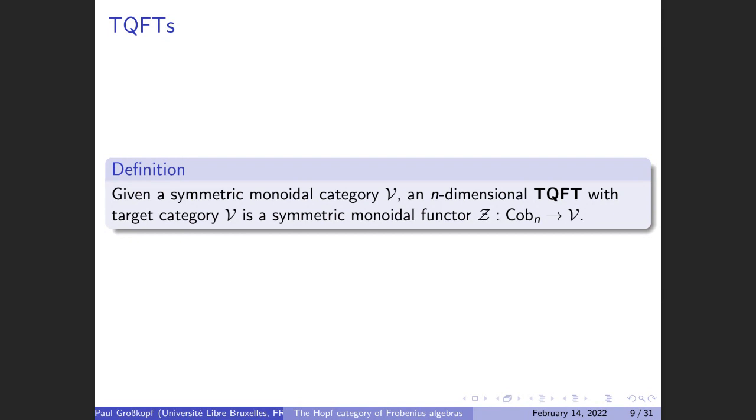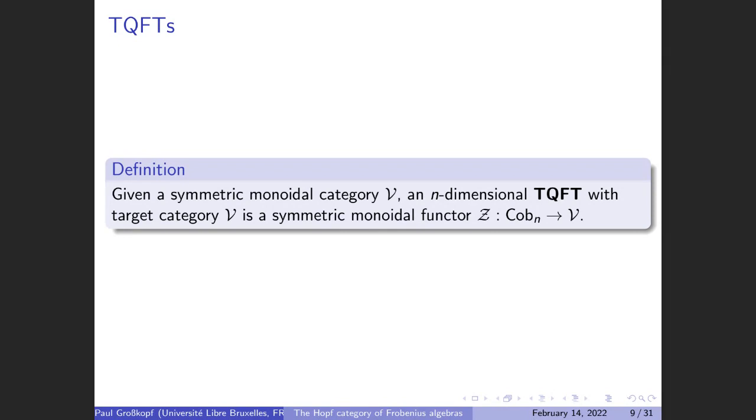You can define an n-dimensional TQFT to be a symmetric monoidal functor from the cobordisms to this category V. And we specifically call this category V the target category. The classic definitions would be real vector spaces or vector spaces over a field. But by considering such a wide categorical description, we can be much more free in considering more.